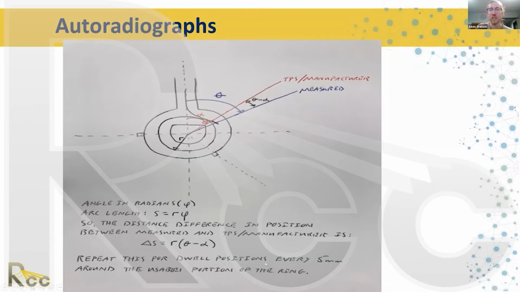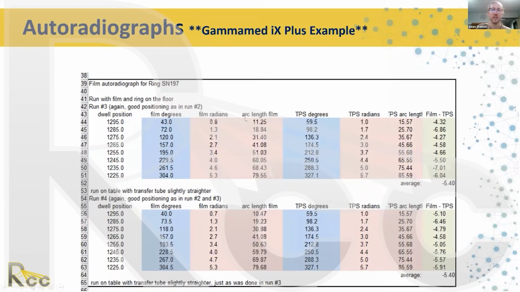Repeat this for dwell positions every 5 millimeters around the usable portion of the ring. And then we can just use a simple Excel sheet to give us these answers. So here we go. I've got the degrees that I've measured on the film. I've got the TPS expected degrees that I got from my model applicator file, or you can get this from your vendor.